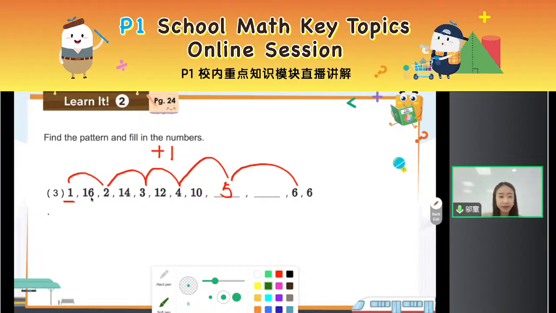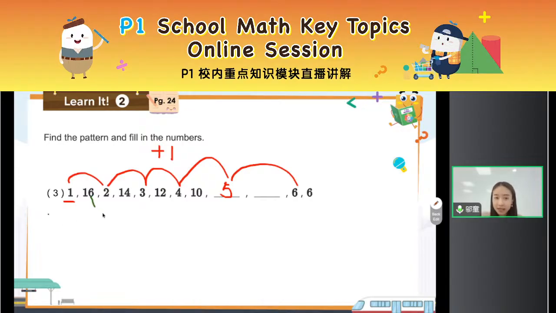For the opposite dragon, from 16 to 14 to 12 to 10 to how many, and to 6. For the other opposite dragon, how is this changing? Is the number going up or going down? How many is the number going down?